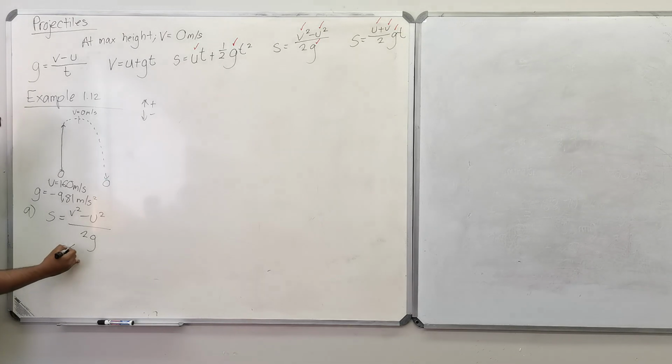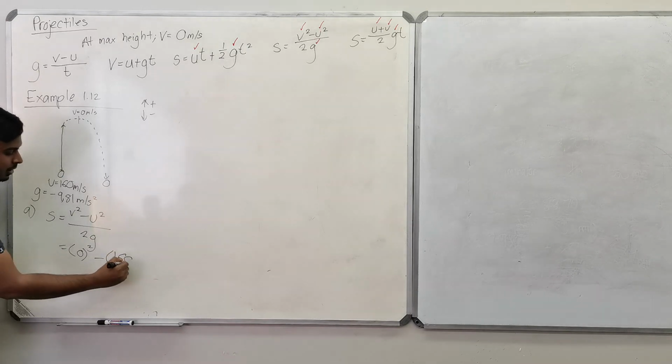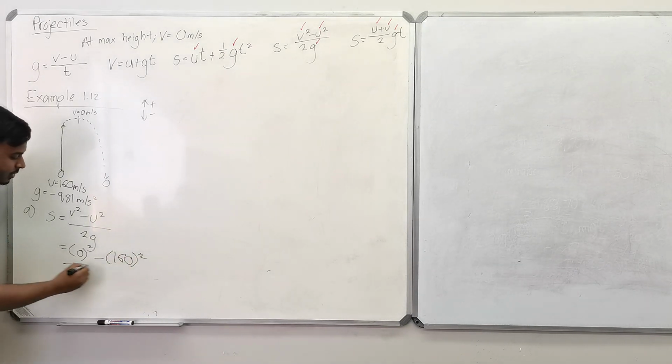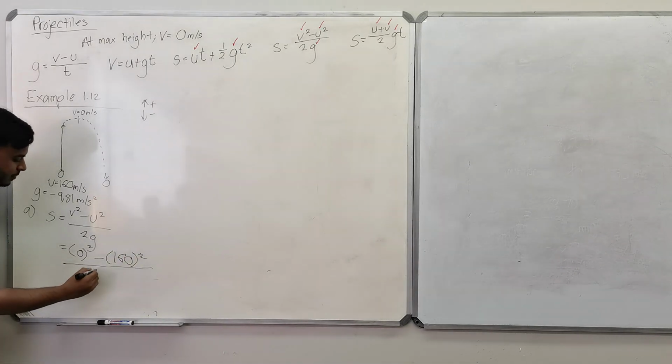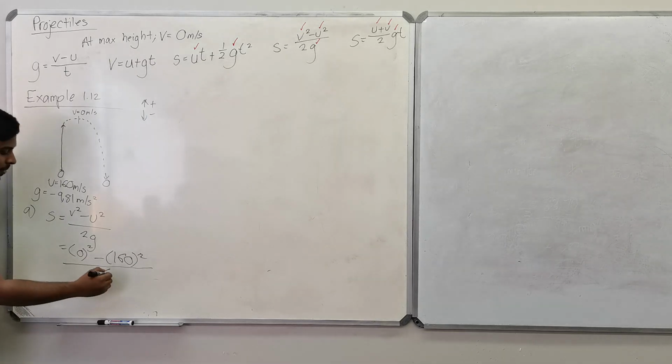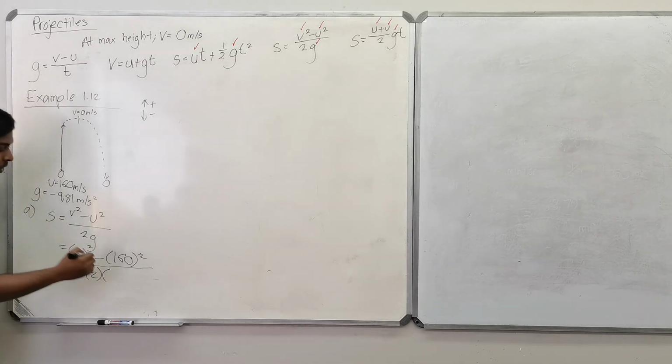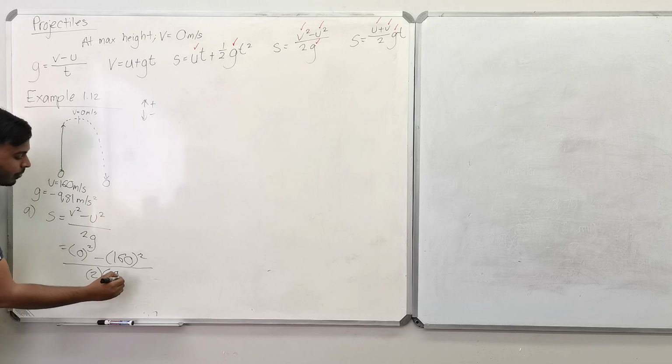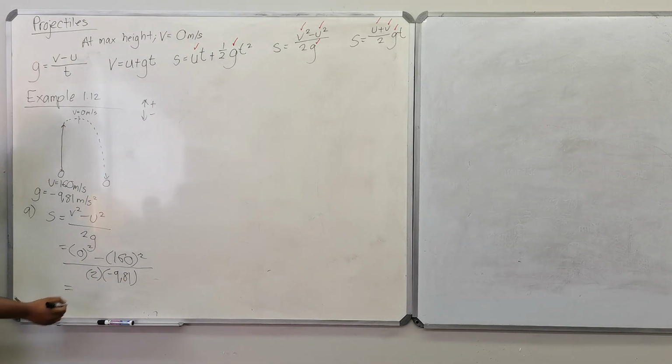This would be equal to 0 squared minus 160 squared, all over 2 times minus 9.81. Minus 9.81.